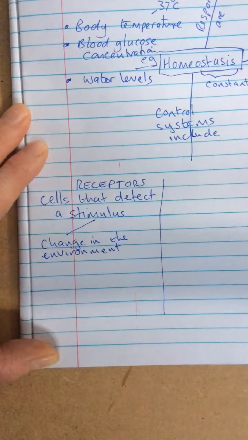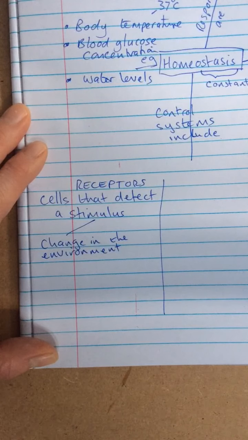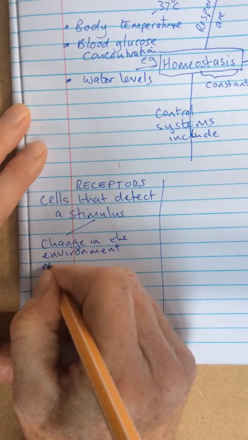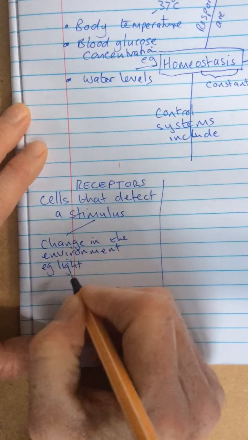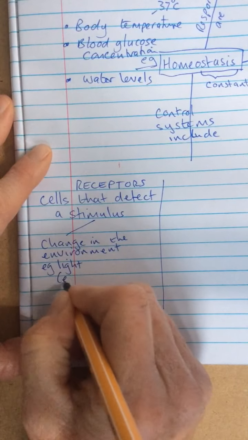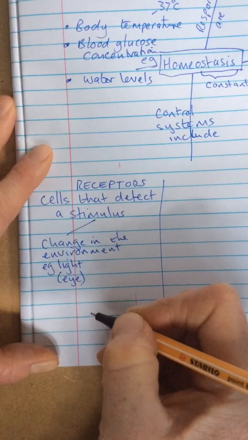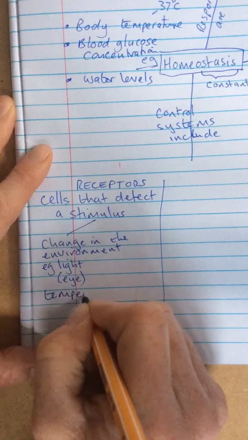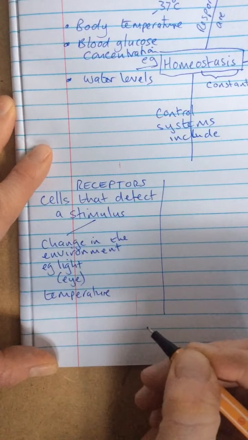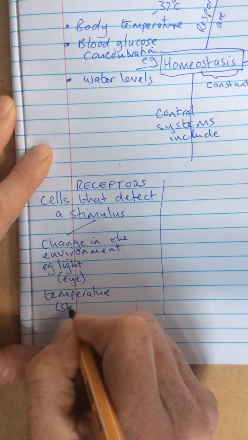So, for example, things in the environment that might change might be light levels. And which receptor detects light? It's your eye. Something else in the environment that might change might be temperature. What detects temperature? Your skin. You know this.